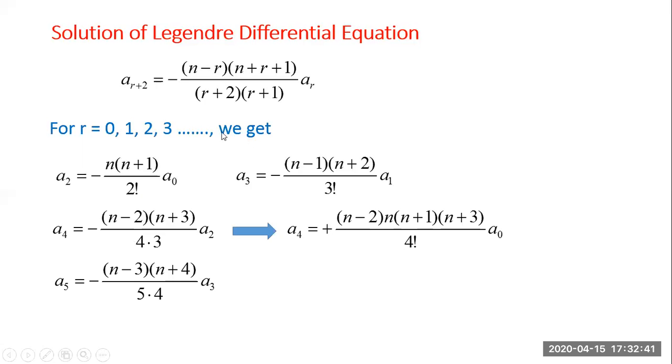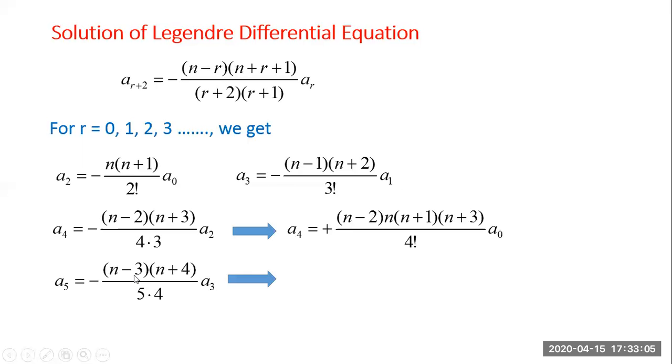Put r is equal to 3, you get a5 is equal to minus n minus 3, n plus 4 divided by 3 plus 2, 5, 3 plus 1, 4 into a3. Here substitute the value of a3, which is minus n minus 1, n plus 2 by 3 factorial into a1. So again, this minus and this minus become plus.